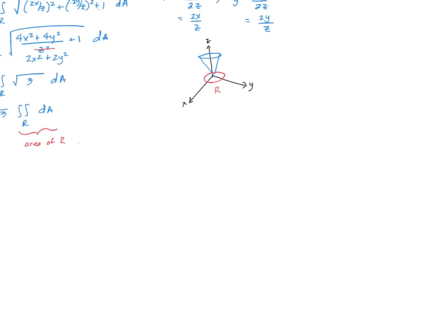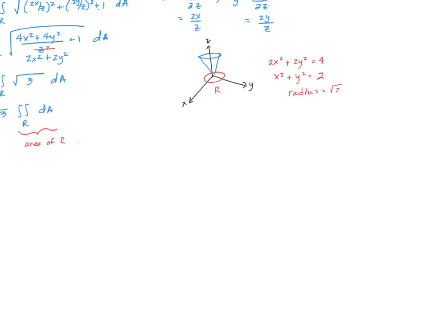And the circle is going to be 2x squared plus 2y squared equal to 4. Or in other words, x squared plus y squared equal to 2, sorry, I don't know why I said square root of 2. Which means my radius is square root of 2.